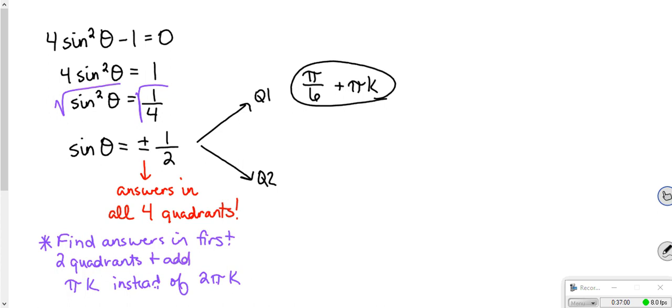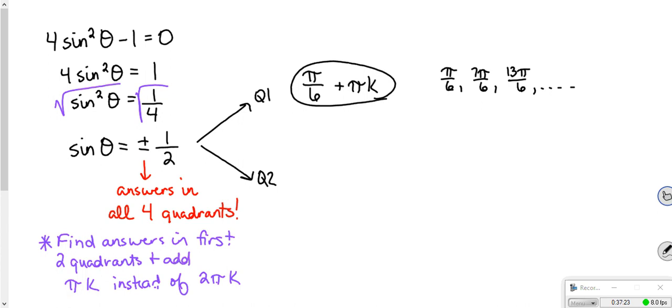Pi over 6 plus pi k will give me pi over 6, then 7 pi over 6, and then 13 pi over 6 again. Remember that we're just adding 6 pi to the top each time.